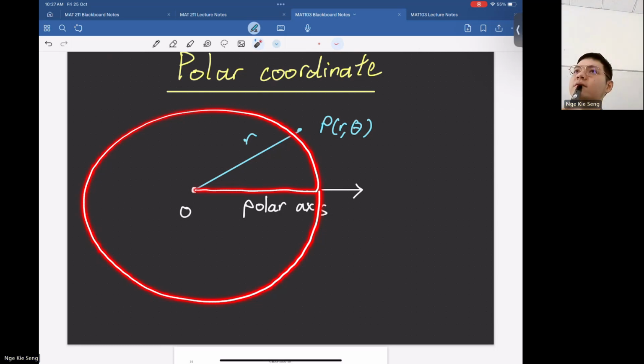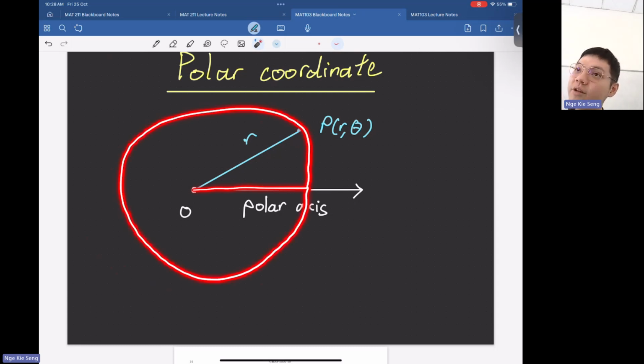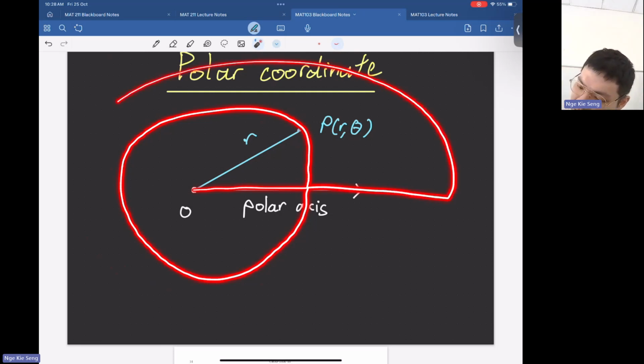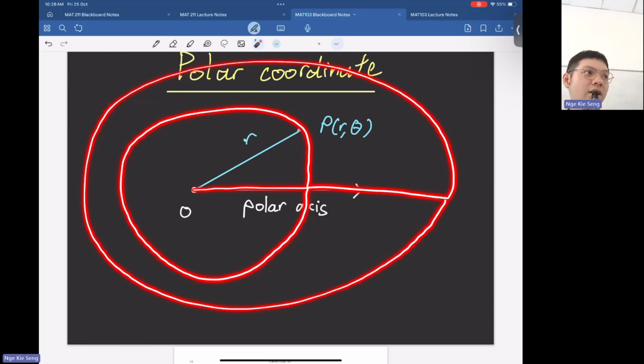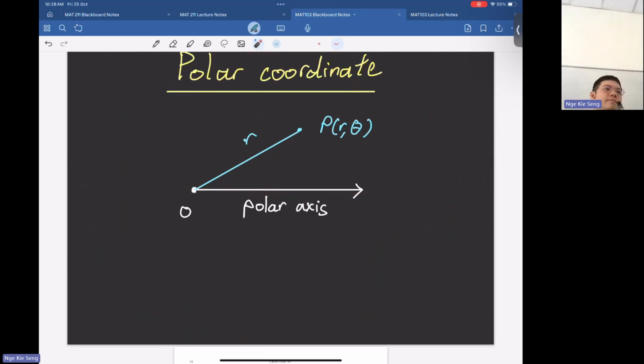So you have a radius length R. If you do this circular motion here, you will swipe out a region of a circle. Imagine you take a longer radius, you will swipe out an even larger circle. And if you take larger and larger radius, you can imagine that you can cover the whole plane.